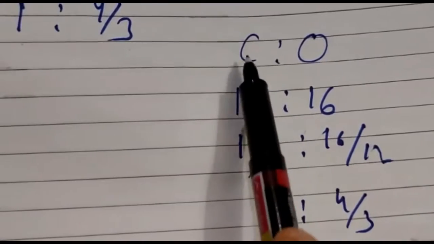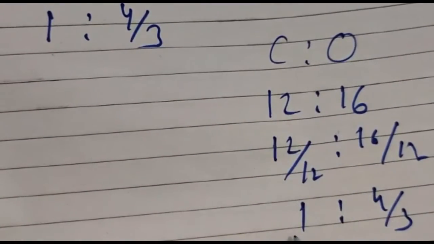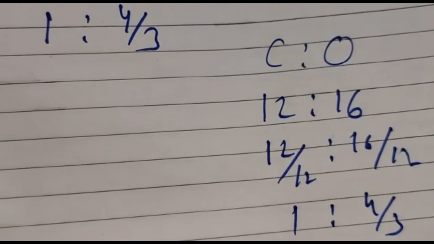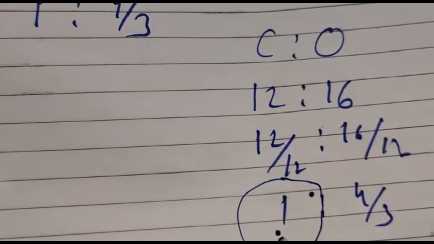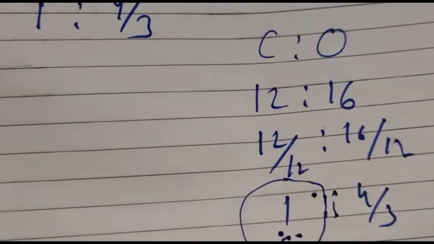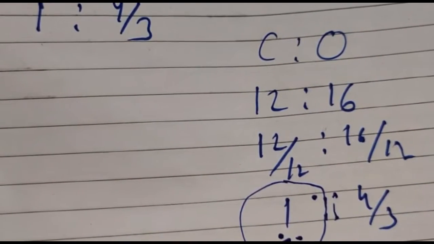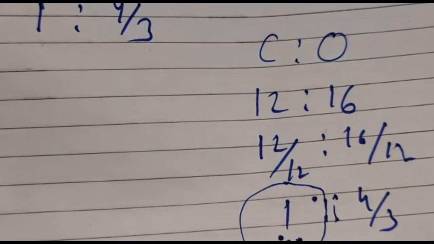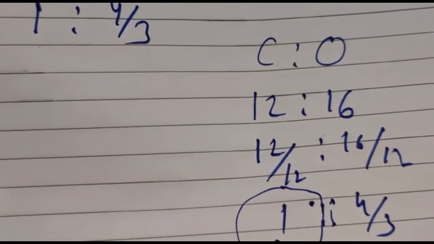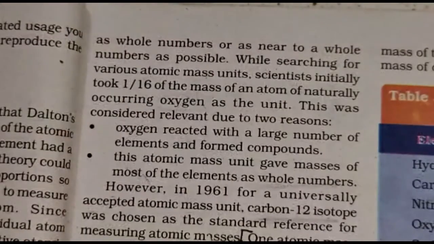Clear, no? So like this, in place of 12, we took 1 by 12th part of carbon. So 1 by 12th part of carbon was equal to 1 AMU. Okay, so now we will define AMU.